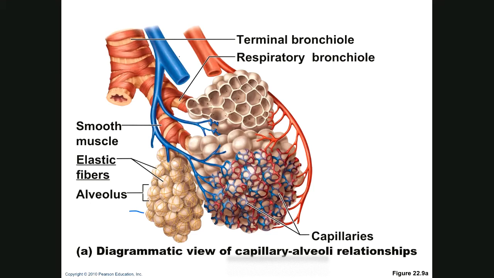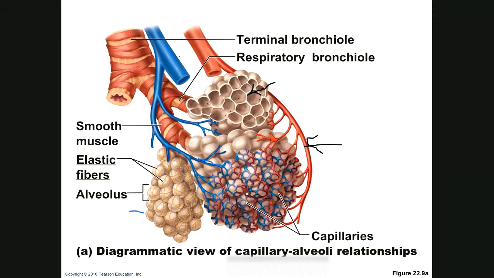This is the arterial side of the capillary, and it's unoxygenated. So as it contacts the alveoli, by simple diffusion, oxygen goes into the bloodstream. So now we have an oxygenated capillary, and CO2 goes into the alveoli to get rid of it.